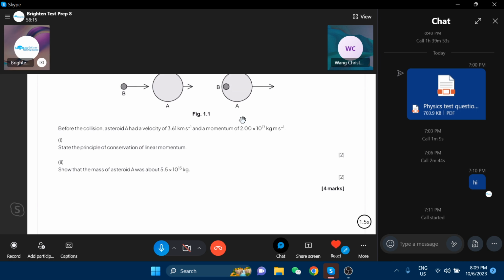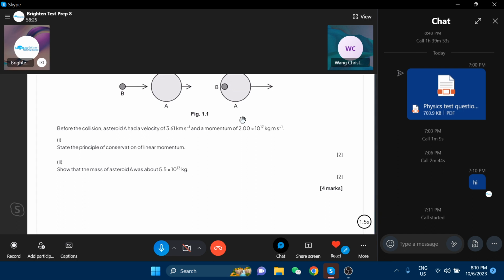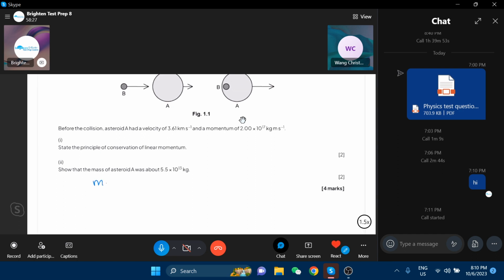M times 3.61 equals. Yeah, exactly. Yeah, you're on the right track. What is it? Because when you put it down very abstract, you said times 3.6. What is that m times 3.6? Times 1,000 meters per second.